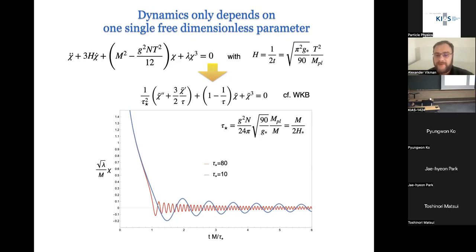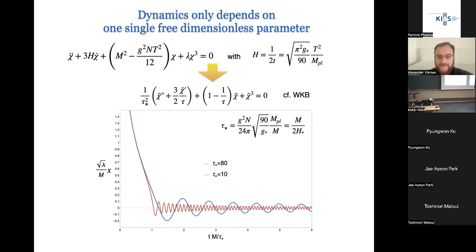For time, it's better to use this tau star, and on top of that, of course, m. So basically there is some stretching. In that case, as you see, when this dimensionless time is roughly 1, that's when you expect the phase transition to happen.